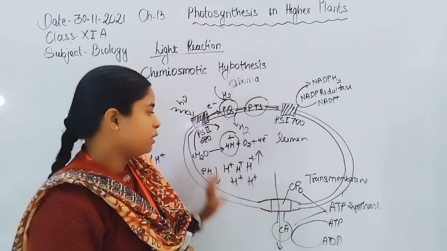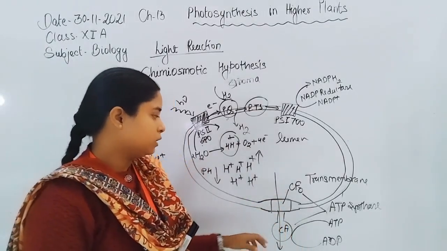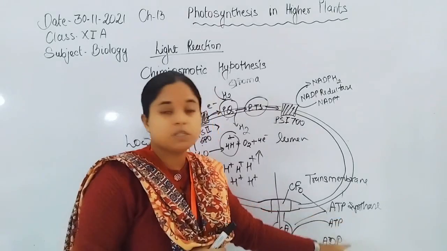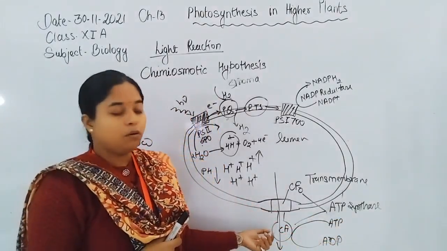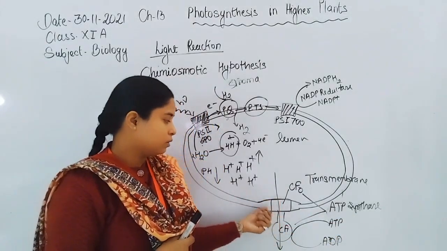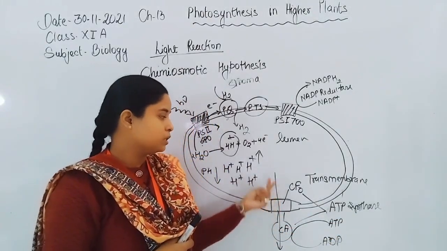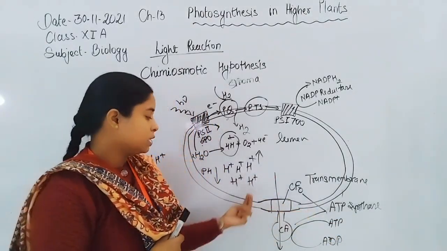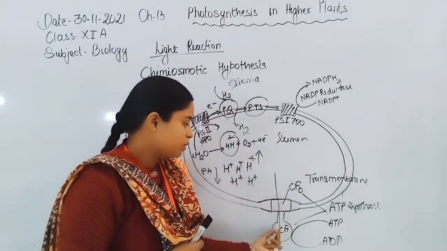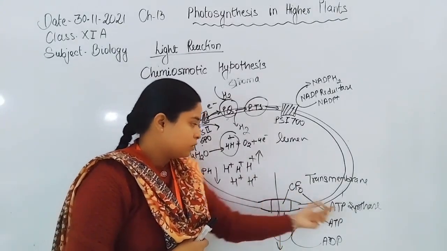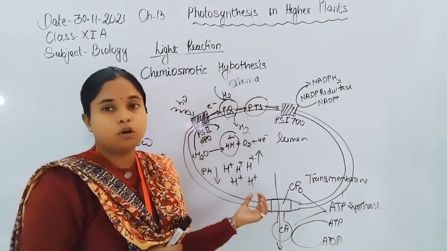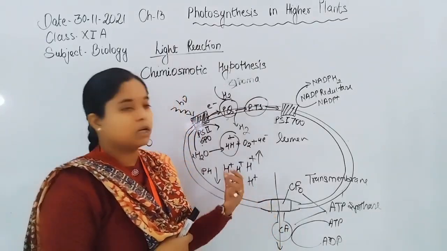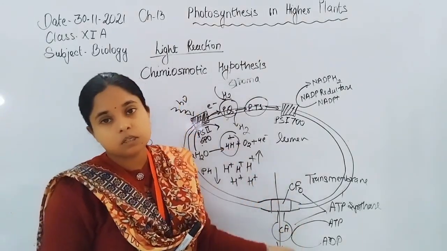Now, in the membrane of the thylakoid, there is the ATP synthase particle, which is formed by the transmembrane subunits CF0 and CF1. This ATP synthase facilitates the transport of proton from the lumen towards the stroma region.